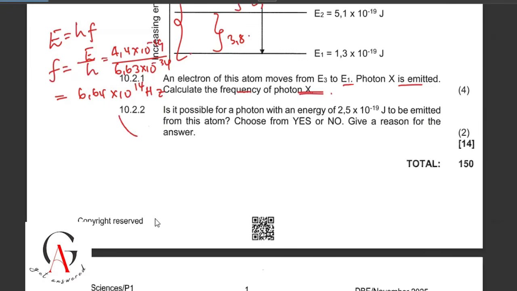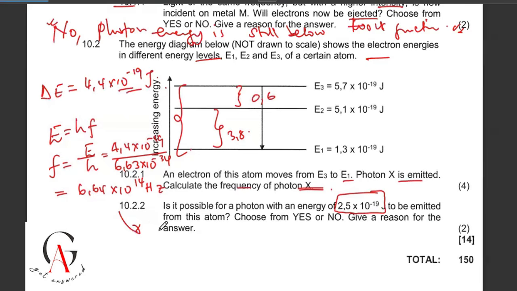And then 10.2.2, is it possible for the photon with this much energy, 2.5 times 10 to the negative 19, to be emitted from this atom? Choose yes or no. Now, one thing we know is that a photon is basically a packet of energy.